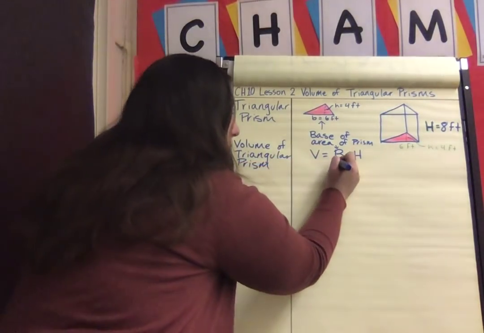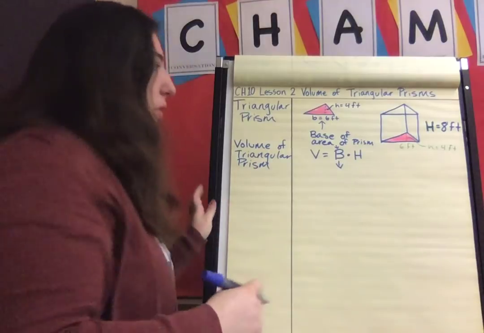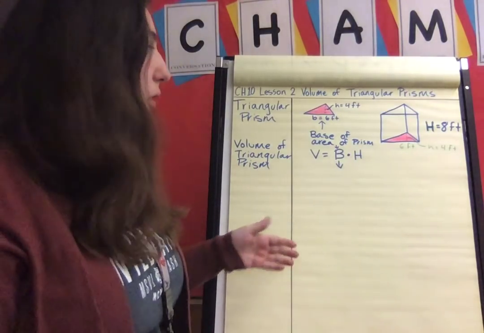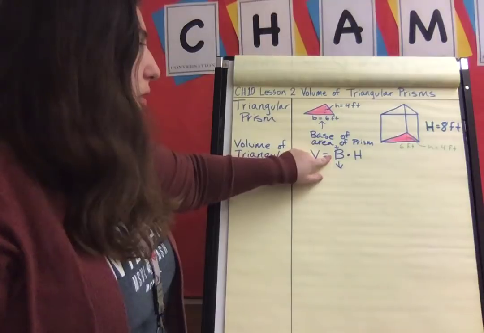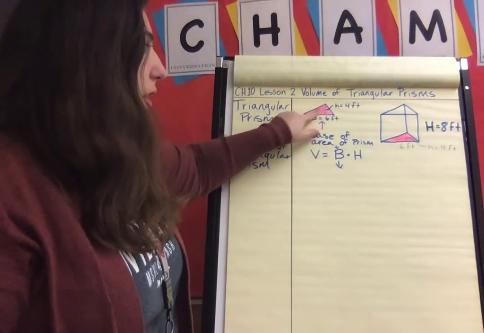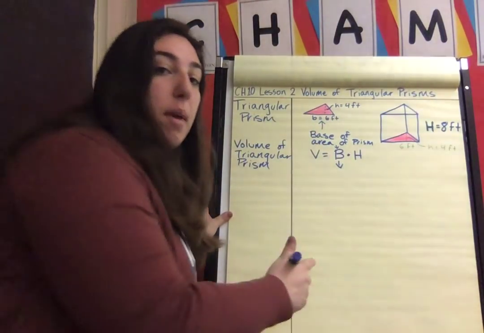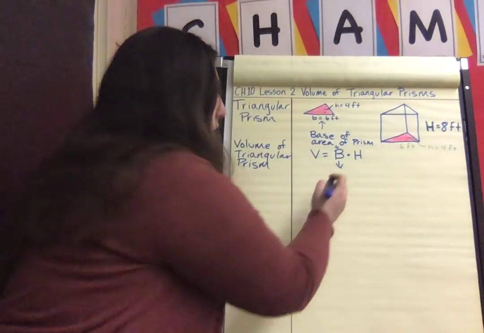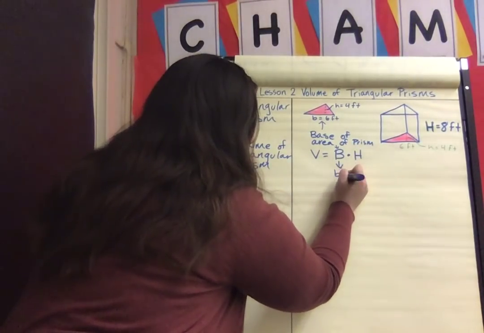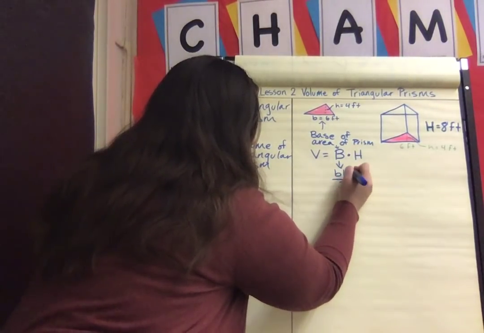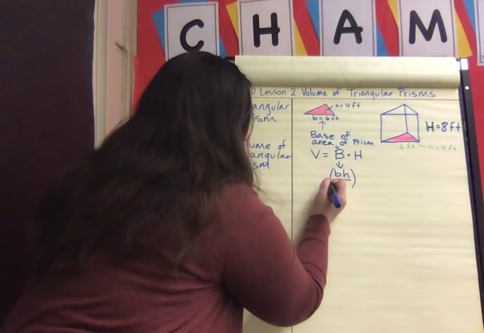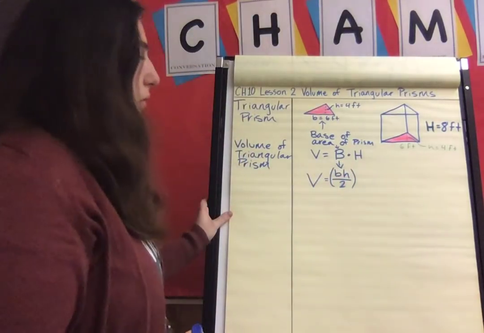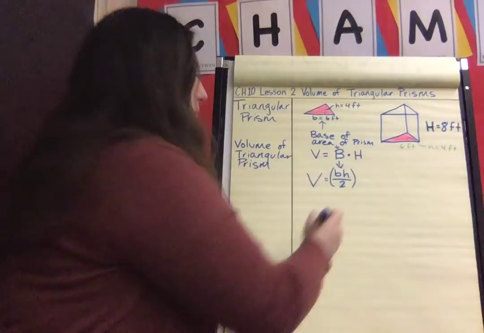So down here, I'm going to write a formula for us to calculate this base. The formula is just the area of a triangle. Okay, so it's going to be base times height divided by 2. And then we have our height.